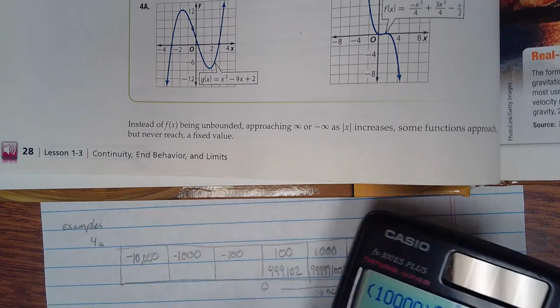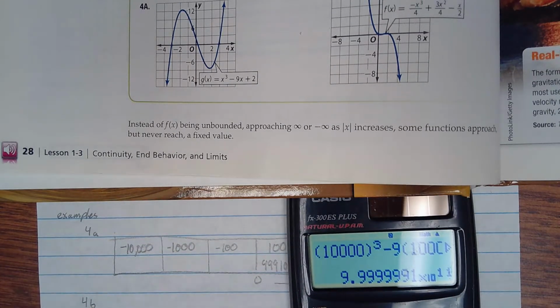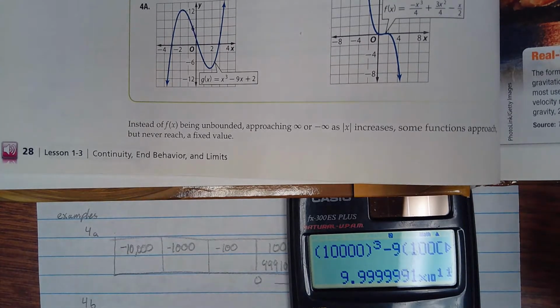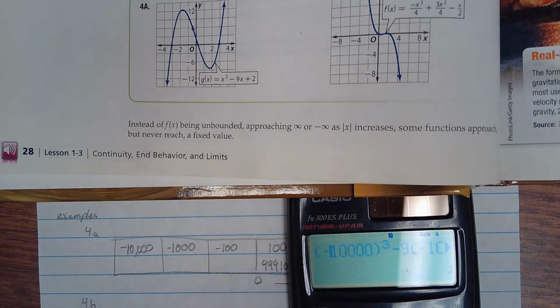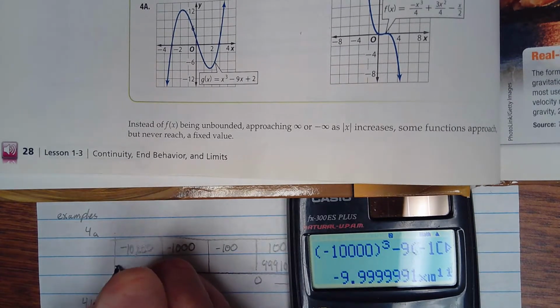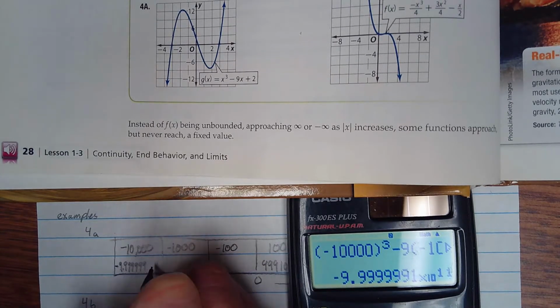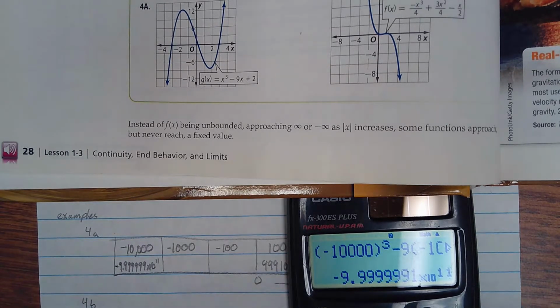Okay, now what about going toward negative infinity? I think I'm only going to do one of these examples, even though I have 2 down, because I'm looking at my time and it's running away with me. So, let's do negative there, and a negative there equals, so this is the same thing, negative 9.12345 times 10 to the 11th power. And if I remove a 0, I'm guessing I'm going to end up with the same thing in the negative.